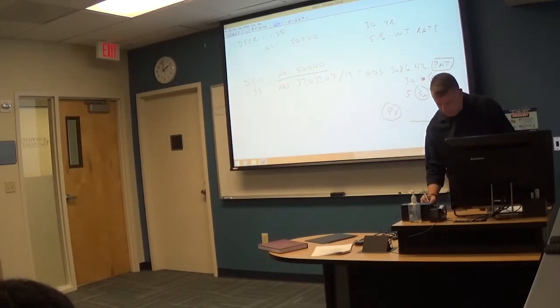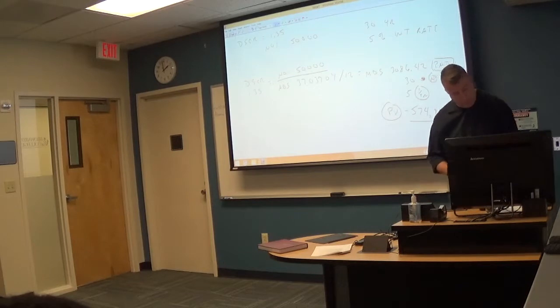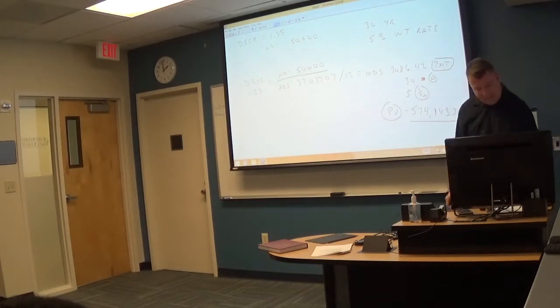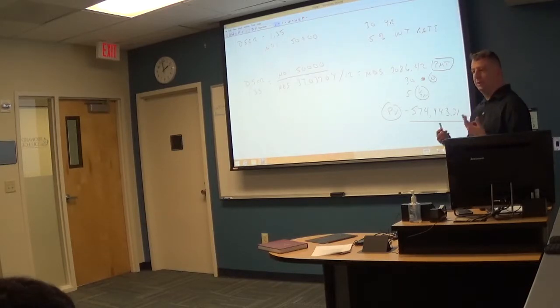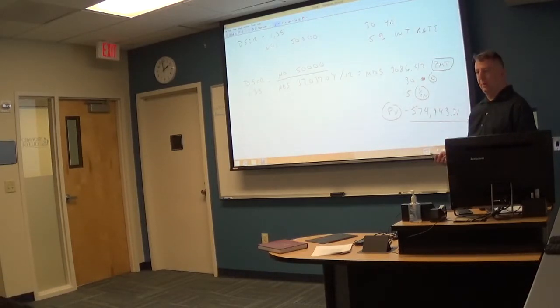You should end up with $574,943.31 as the maximum loan amount you would be able to obtain on that property, which is not the property value, just the loan amount.